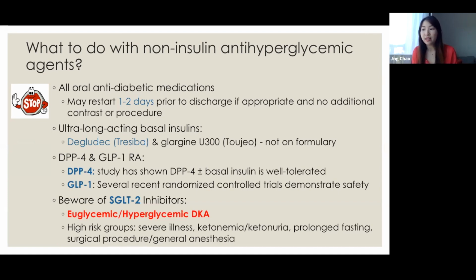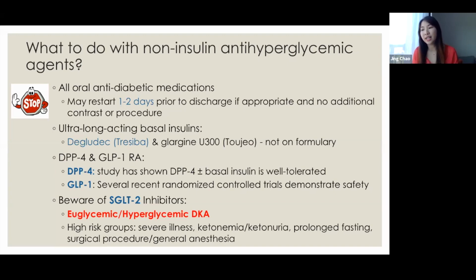The group using dulaglutide showed a significantly higher percentage of blood sugar in the target range of 100 to 180 compared to the insulin alone group. And there was also a lower incidence of hypoglycemia in the dulaglutide arm. Lastly, the dulaglutide arm also led to lower doses of insulin needed.